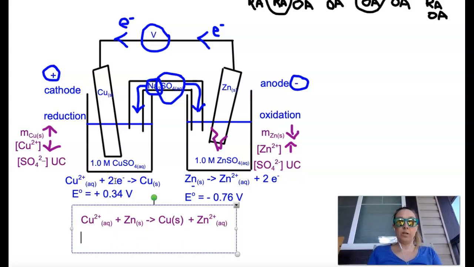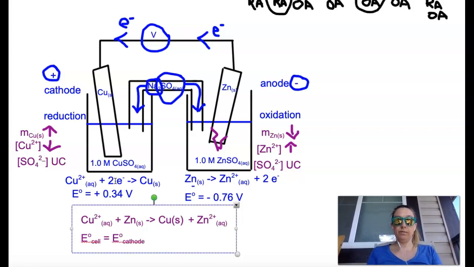All right, last thing we need to do is to determine what is the theoretical voltage of this cell? So we need to calculate the E naught of the cell. Okay, to be able to calculate the E naught of the cell, we always do the E naught of the cathode minus the E naught of the anode.